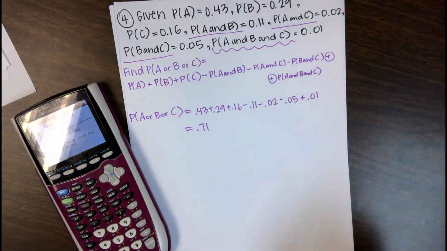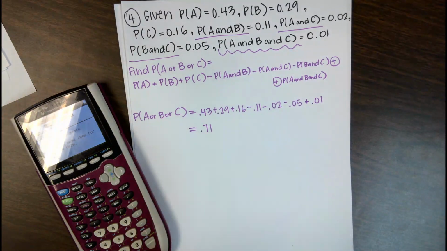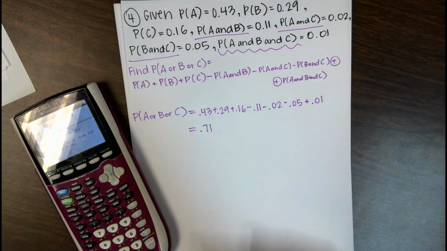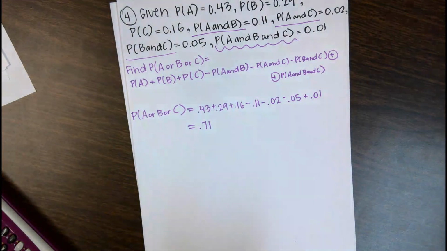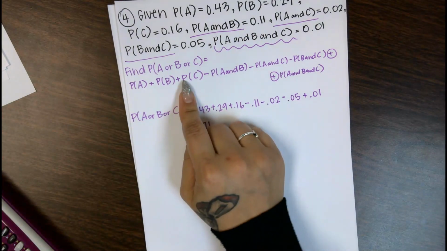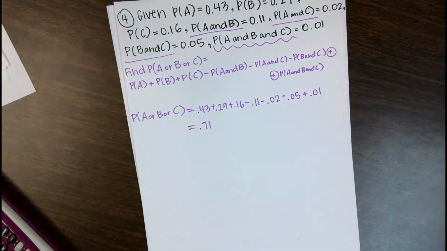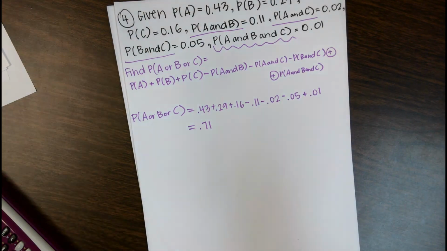Here's information that's given, and this is how you can compute it. If problems are worth 4, 5, 6 points each, that's kind of a gimme because I have this formula written down on my note card and I just follow it, and I remember add, subtract, subtract, subtract, add. And yeah. Okay, y'all.